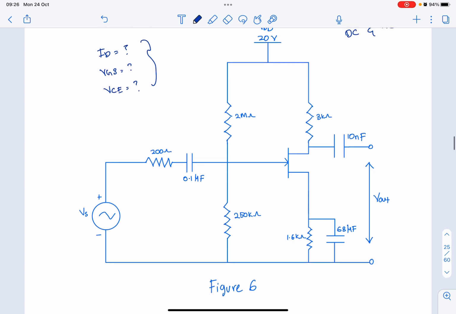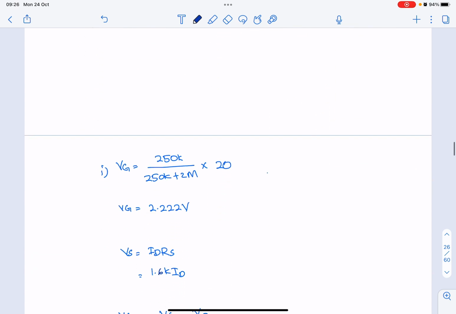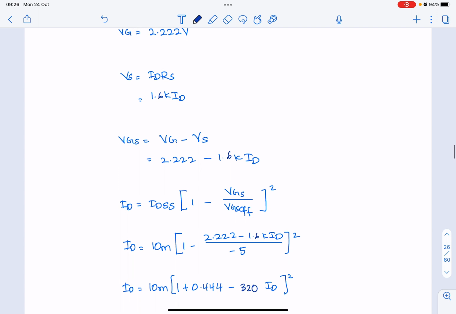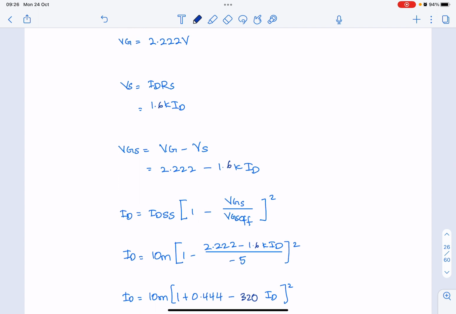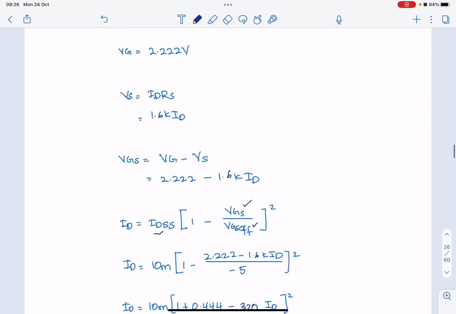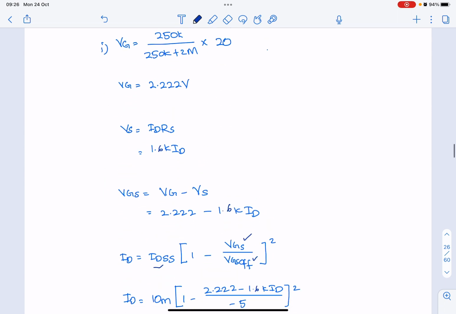So in order to find ID, you require IDSS, you require VGS, and you require VGS off. So based on the question, IDSS is given and VGS off is also given. But VGS is not given, so you need to find your VGS.